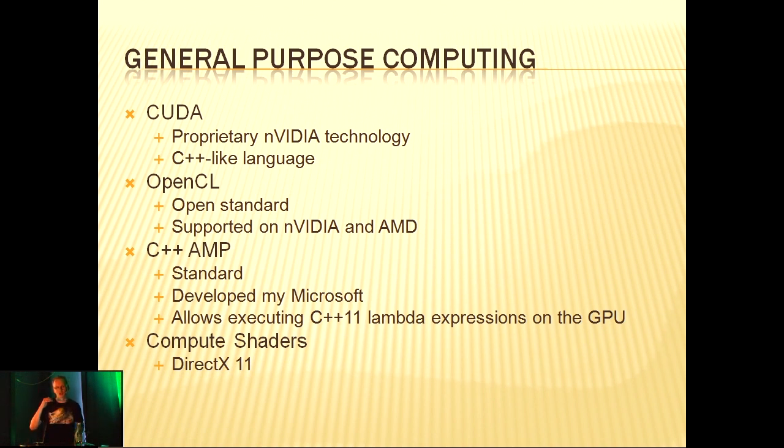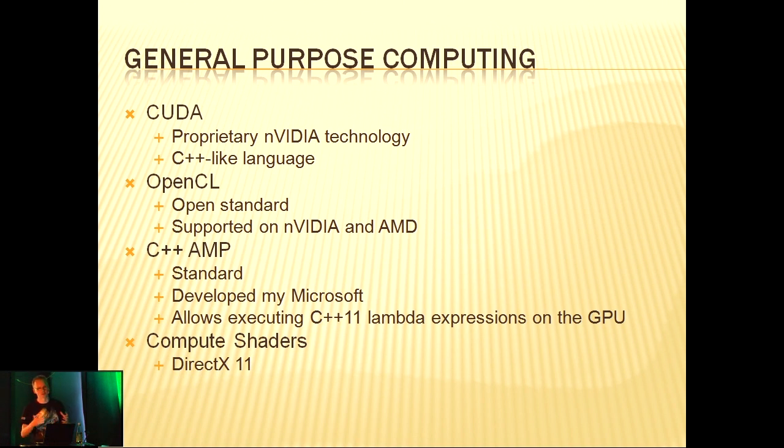And as with GeForce 8, with the generalization of graphics computing, we were able to extend this graphics processing power to general purpose computing. And I've listed 4 different technologies that are used nowadays. The first one on my list is CUDA, which is the NVIDIA proprietary technology.